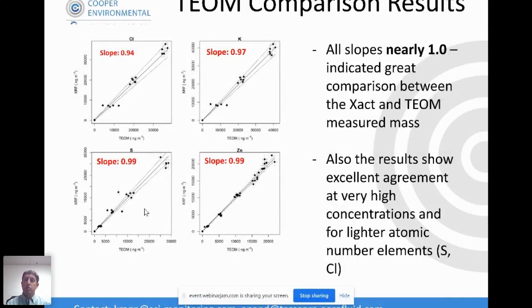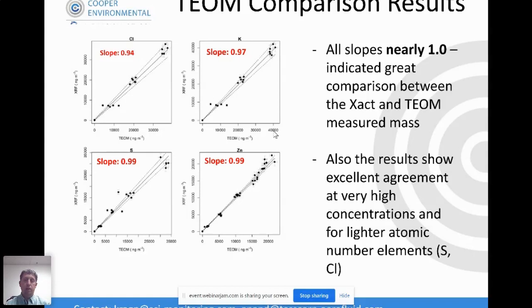So these are the results from the TEOM comparison. You have the results here for chloride, for potassium, for sulfur, and for zinc. Again, in all cases, the slope is very, very close to 1, indicating good agreement between the Xact and the TEOM measured mass. And again, the concentrations are very, very high.